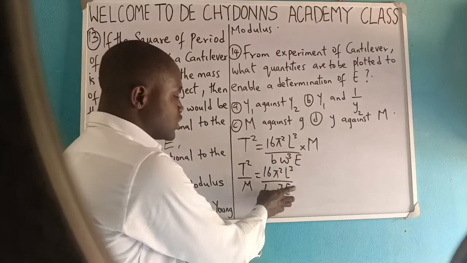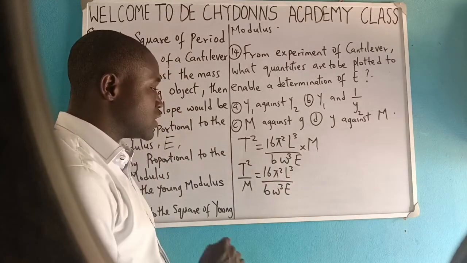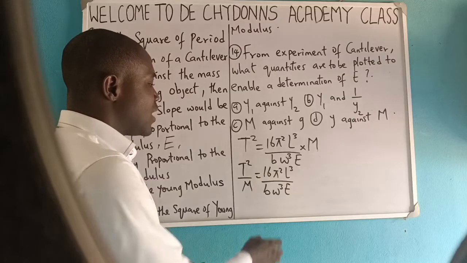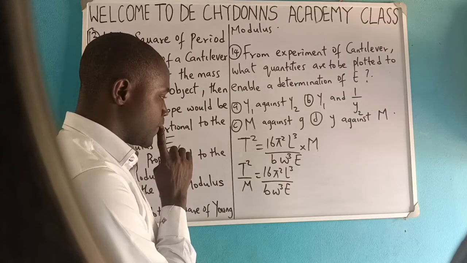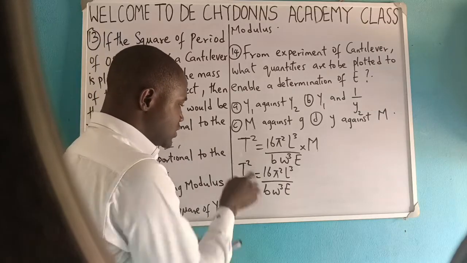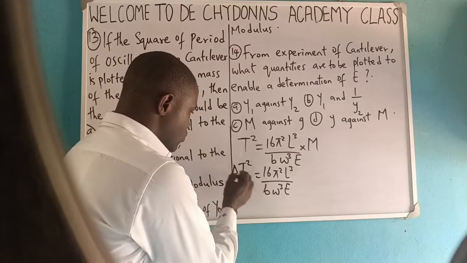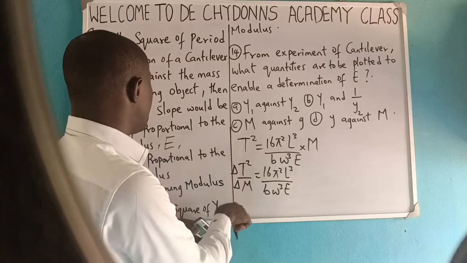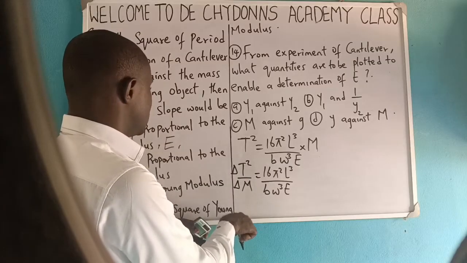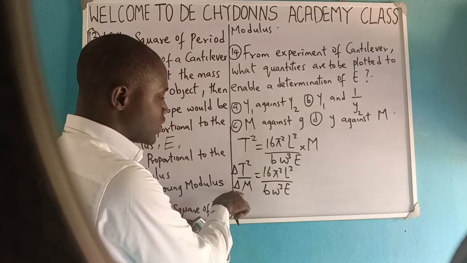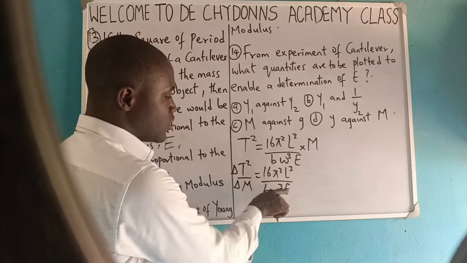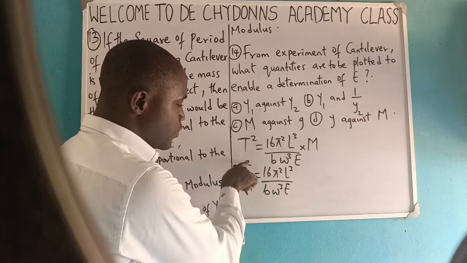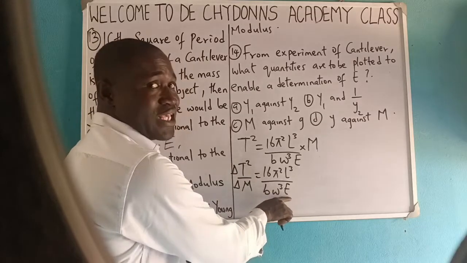Now that we have this formula, T squared over M gives you the slope. How is this slope related to E? The slope is inversely proportional to E because E is at the bottom.